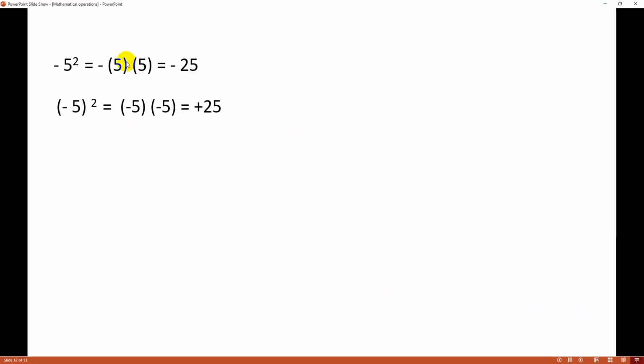Now, something to be careful about with exponents is how you express them and how you solve them. In this example, if they give you something like negative 5 to the power of 2, that negative is not affected by the exponent. Okay?